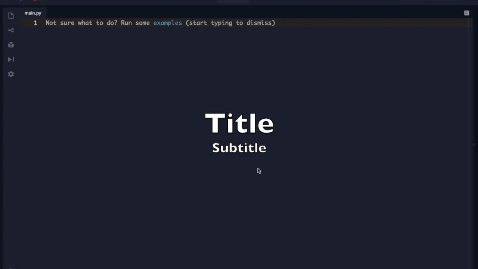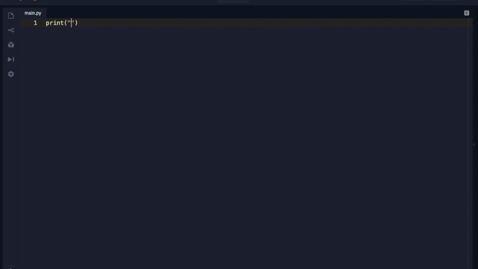Let's get started. First, we're going to print "Welcome to the calculator." And we're going to put an exclamation mark.